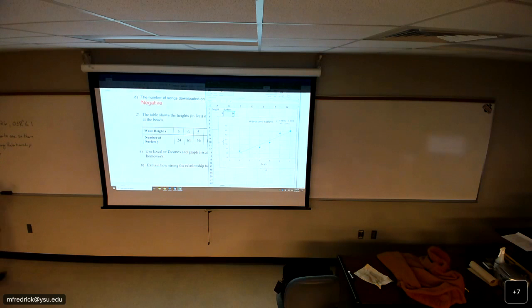X was the height of the waves and number of surfers. So when you're asked to explain R squared, you look how close it is to 1 or 0. And then you write a complete sentence that uses the words of the problem. Any questions?